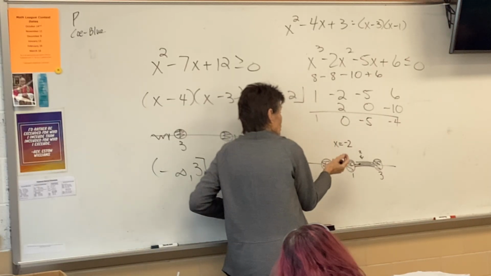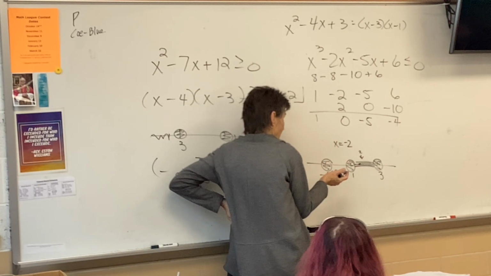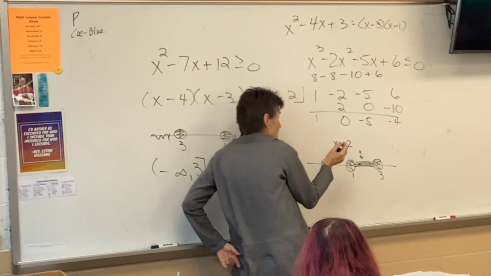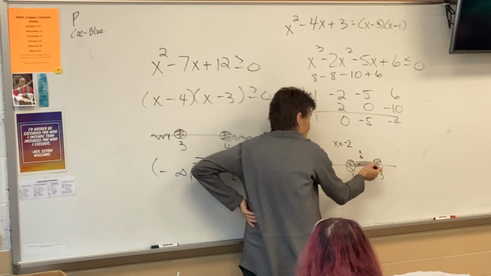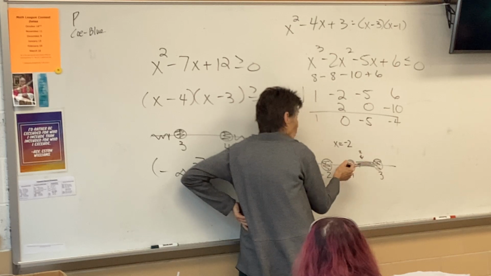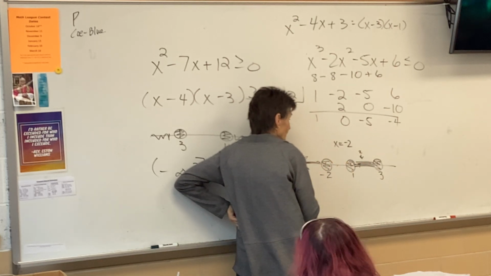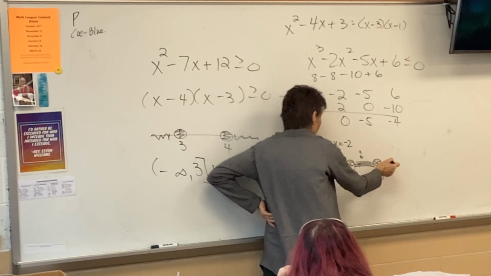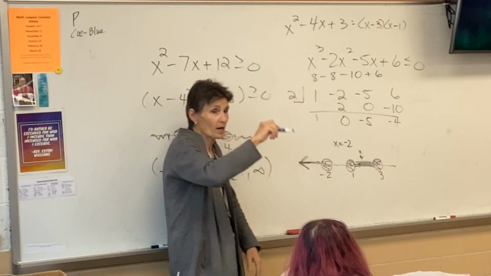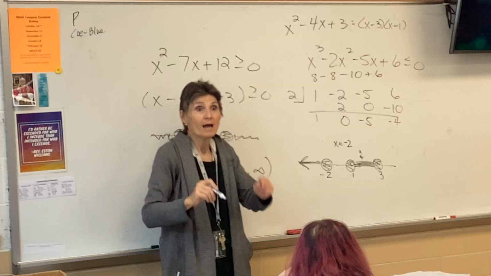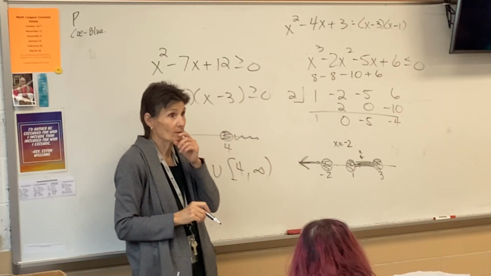That means that my shading will alternate. Do you remember that from before? If it shades in this section, then it won't shade here, but it will shade here. The shading goes every other section as long as there's no squares.